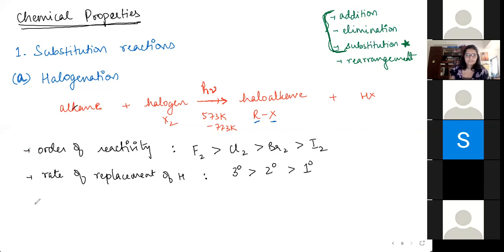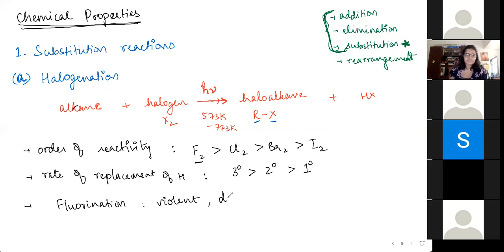Another bit of information is about fluorination. Because it is the fastest, this reaction is very, very violent. It is so violent and so reactive that it does not require light either.